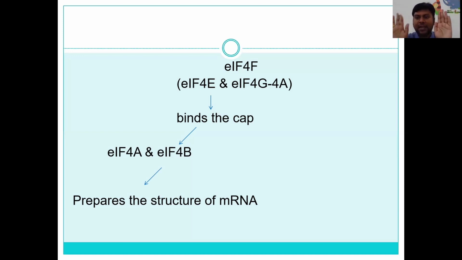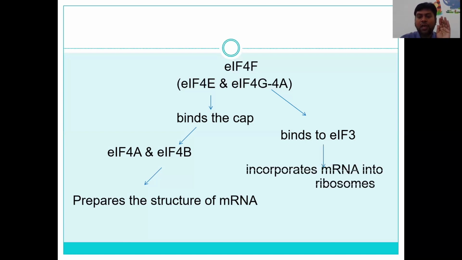Now the other arm, the 4G, 4A complex, through its 4G unit, will bind the eukaryotic initiation factor 3. So where is this factor 3 located? It is already bound to the 40S ribosome in the first step. So when it binds factor 3, it will bring the 40S ribosome also towards it, leading to the incorporation of mRNA into the ribosomes.